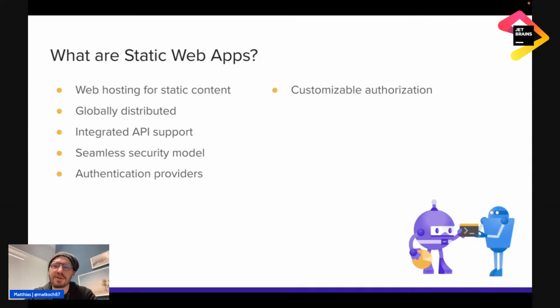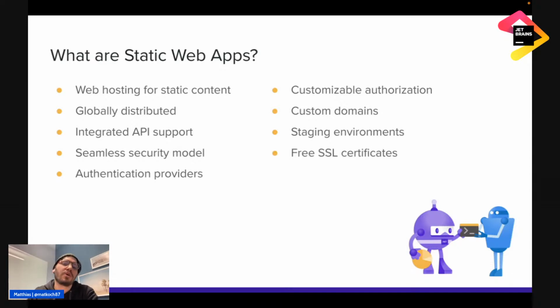Also, you have customizable authorization, so you can assign roles to users and allow them to browse certain resources. You can have custom domains. What else? We can have staging environments, so that we can test new changes in the staging environment, see if it works, and then deploy to production. You get free SSL certificates to make everything secure.